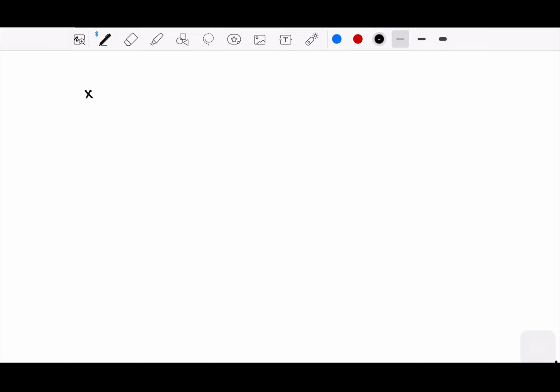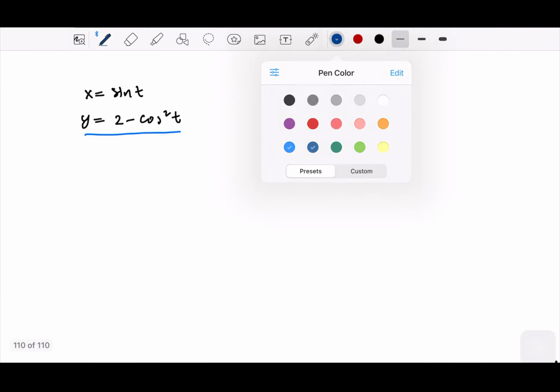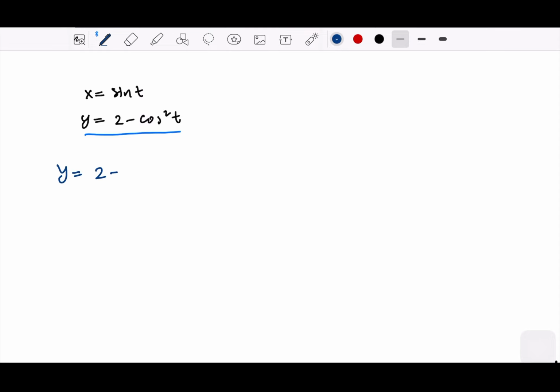If we have x equals sine t, y equals 2 minus cos squared t. Well, first, we could start from this y. Okay, let me write again. 2 minus, and we could write cosine squared as 1 minus sine squared. And then we can see that this has sine and x is also sine t.